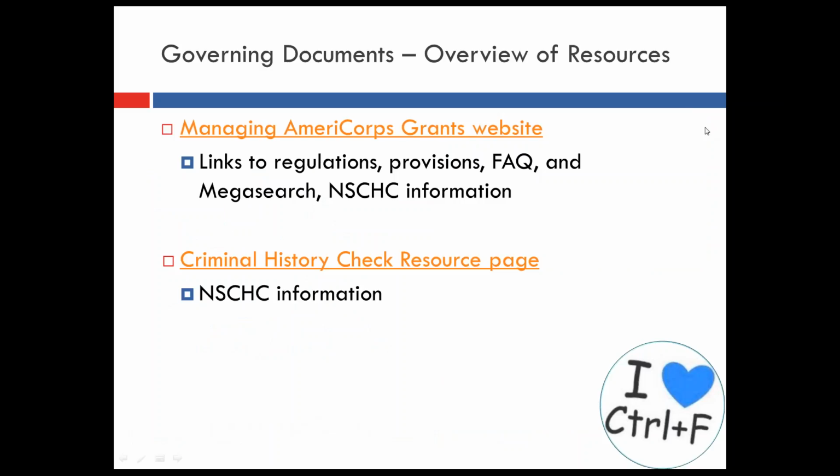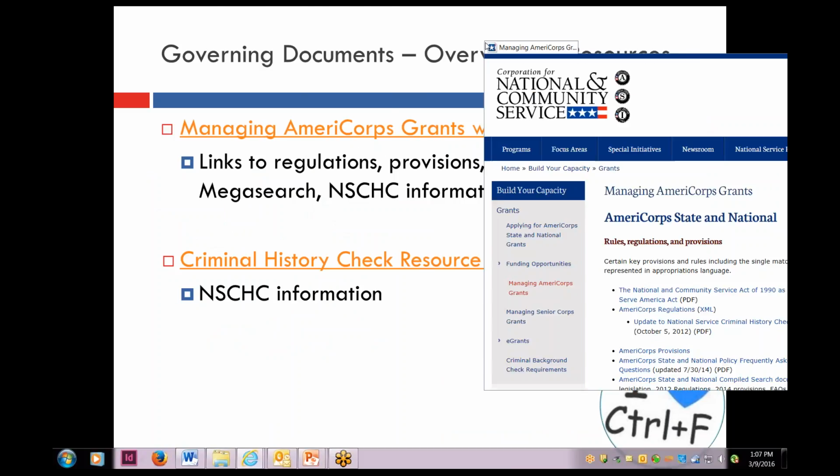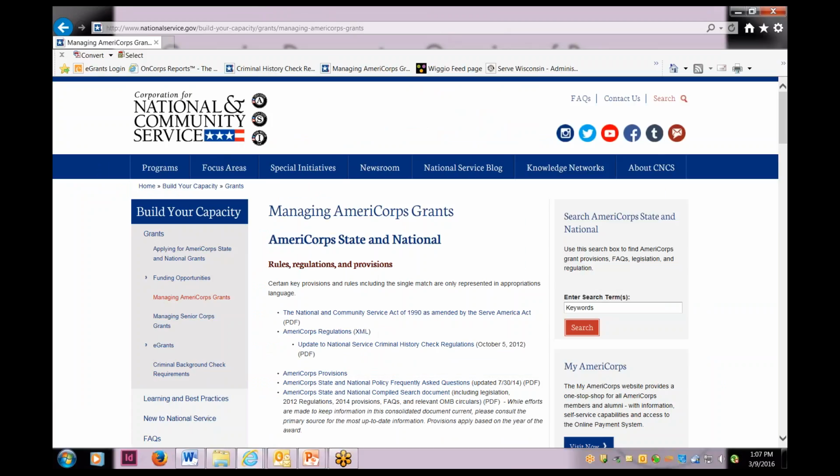All right, so if you're looking at the governing documents and you have a question about the management of your AmeriCorps grant, a lot of times we'll get questions, and I'll tell you that the first place I go when I get a question is the Managing AmeriCorps Grants website. This website offers a wealth of resources. I have it bookmarked at the top of my browser, and anytime we get a question, this is the one stop. It's through the corporation.